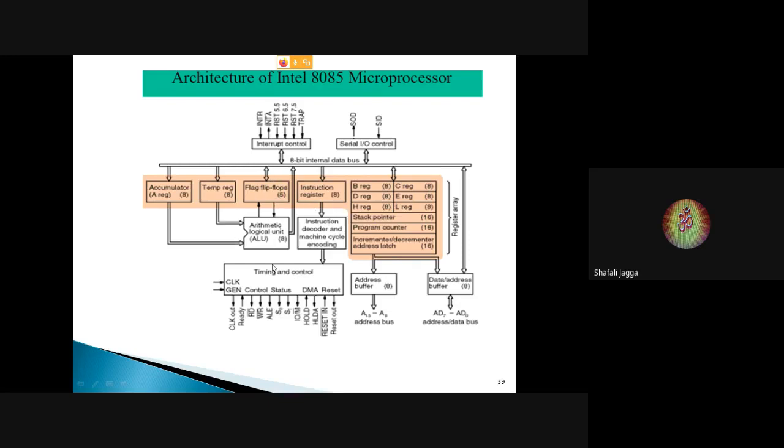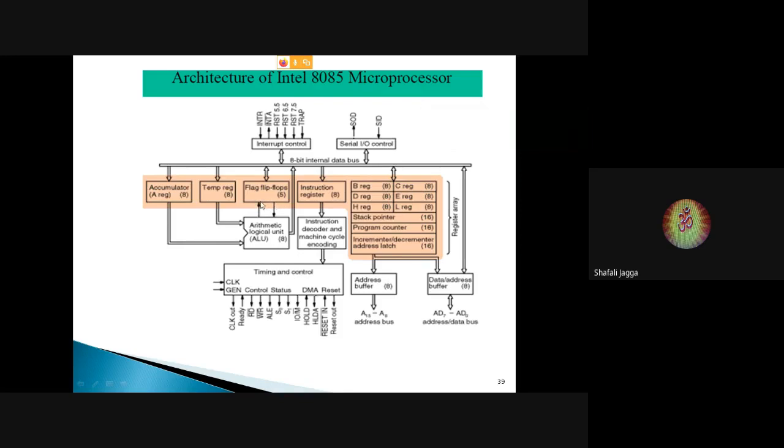Now, whenever the arithmetic logic unit performs any arithmetic or logical instruction, the flag register must be updated. The flag register is an 8-bit register, but we are using only 5 flag bits, and these 5 flag bits correspond to flip-flops. The 5 flag bits are carry, parity, auxiliary carry, zero, and sign flag.